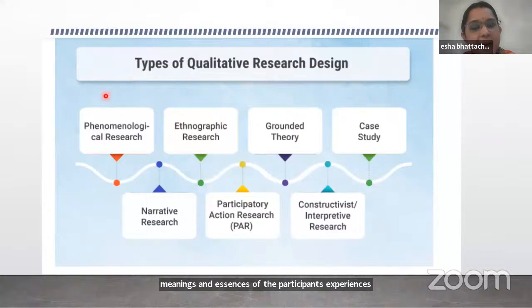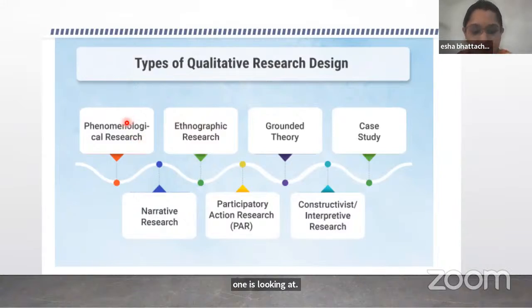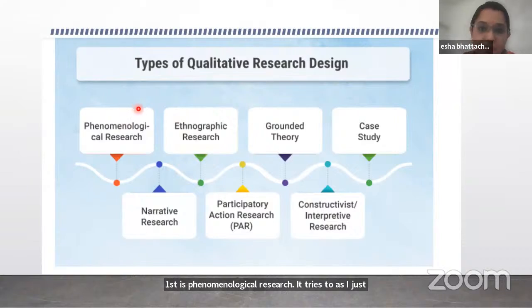There are certain types of qualitative research design that one can choose according to the research objective. First is phenomenological research. As I just mentioned previously, it tries to understand the meaning of human experiences related to a particular phenomenon.